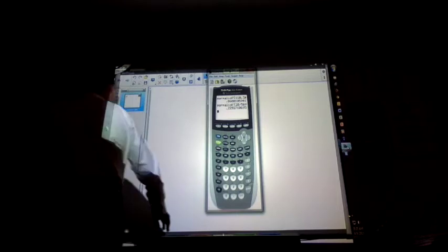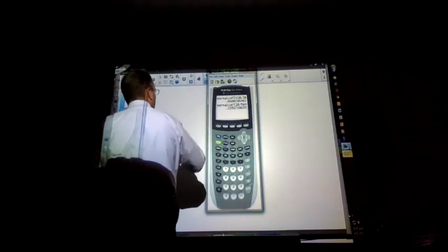Number 2, it is assumed that 25% of college students wear contacts. We randomly pick 150 students at a university. What is the standard error? Well, the standard error is the square root of 0.25 times 0.75 divided by 150.